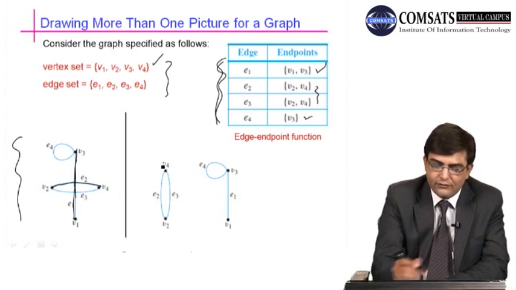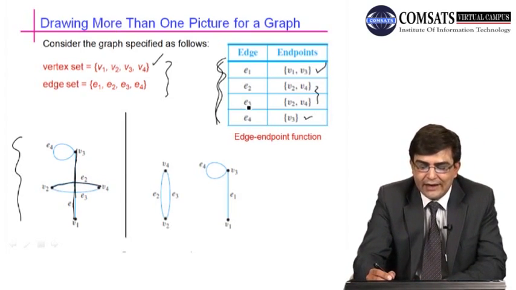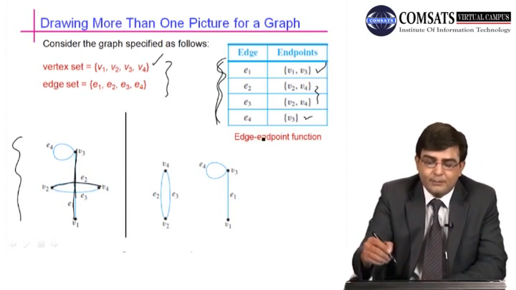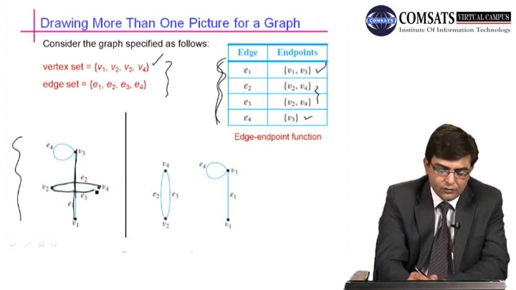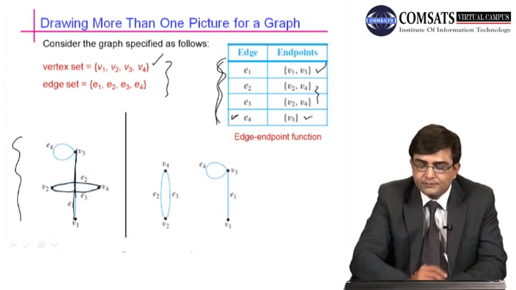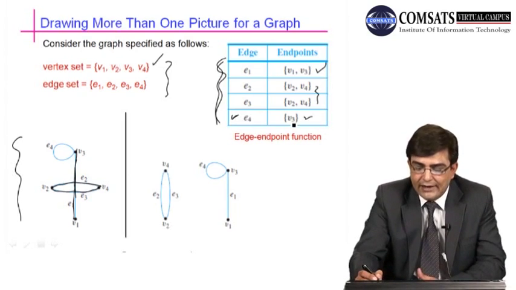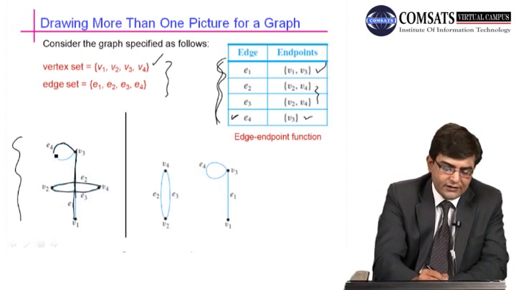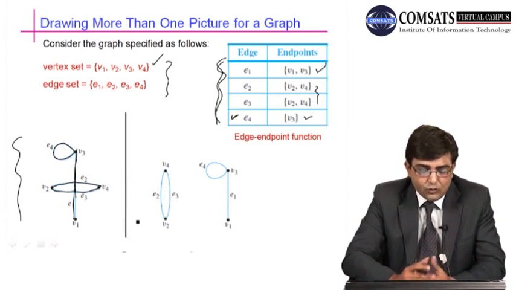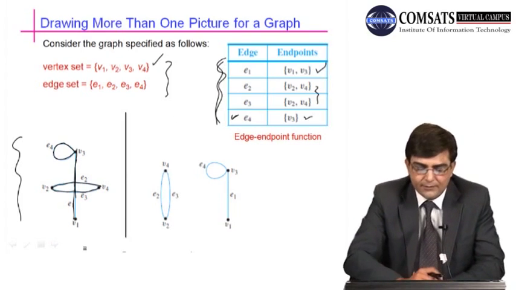E3 is the edge whose endpoints are the same, V2 and V4, so this would be the parallel edge from V2 to V4. And the last edge E4 is V3, a single vertex, so it means that it is a loop. So this is one way we can draw a graph using the given information.